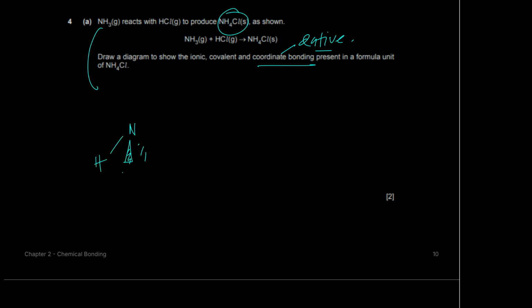This was my NH3, and this NH3 had a lone pair, and this lone pair went to form the dative bond with the hydrogen ion, and once it formed the dative bond, you had a 1 plus charge right here. And now that you have a 1 plus charge, you also have the chloride ion being bonded to it. That is how it's going to look, right? So this is how it looks. I've shown the dative bond, I've shown you the hydrogens, and I've also shown you the chloride ion.